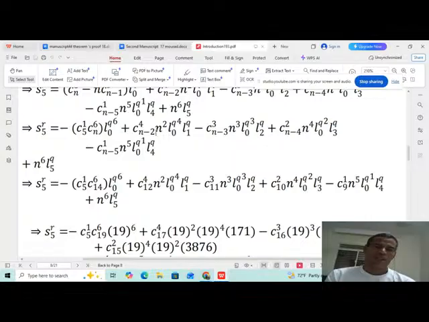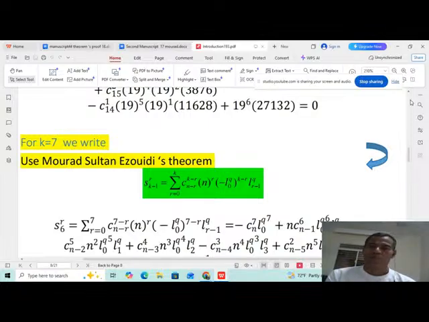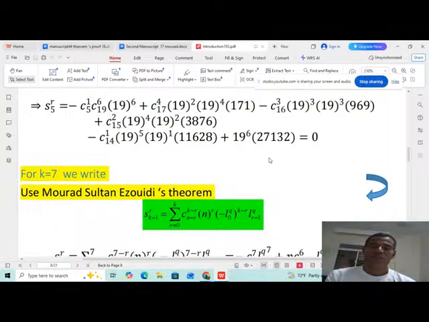Then 19 minus 2 is 17, choose 4, and so on, meaning this formula. After calculating and making substitution, we obtain that S5 is equal to 0. You can use your calculator. This is in fact the sixth coefficient of this new 19th-degree equation, which corresponds to the original 19th-degree equation.